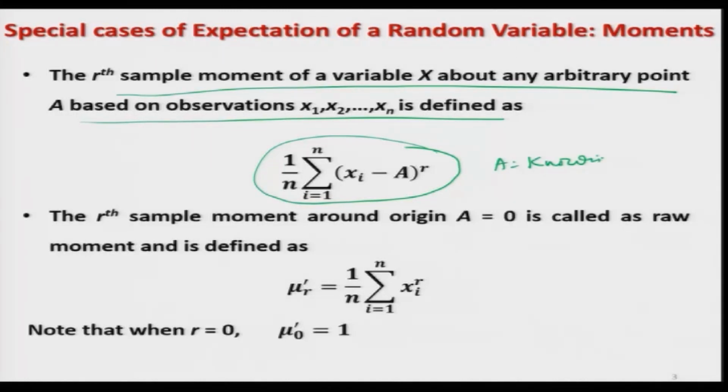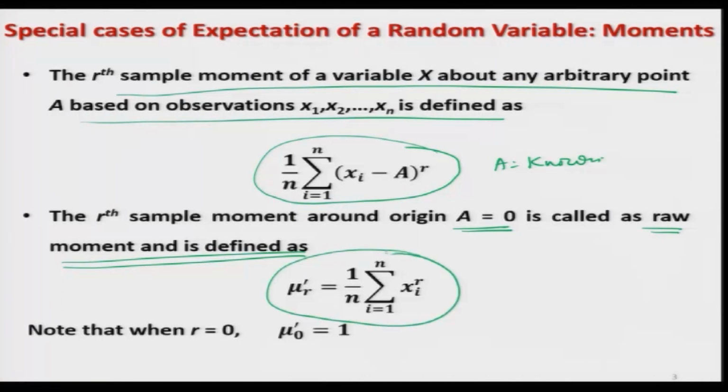If we choose A equal to 0, then the rth sample moment, which I am computing on the basis of the given sample of data, is called the raw moment, and it is defined as mu r prime, which becomes simply 1 upon n summation i goes from 1 to n xi raised to the power of r, because you simply substitute A equal to 0.